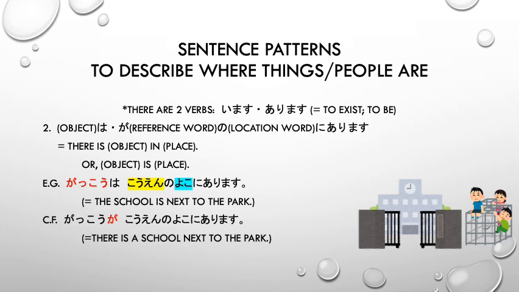Just like the previous slide you saw, the difference between は and が exactly the same. You use は if the subject has been mentioned previously, you use が if the subject is mentioned for the first time.